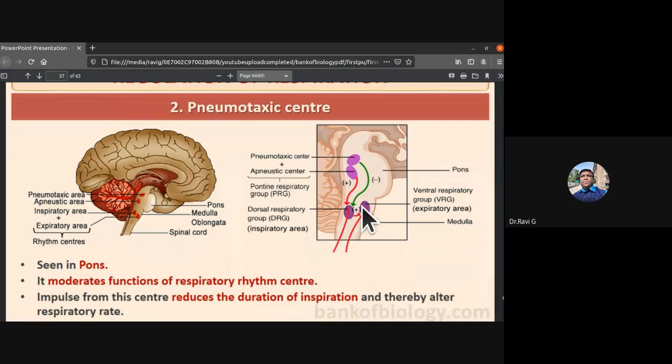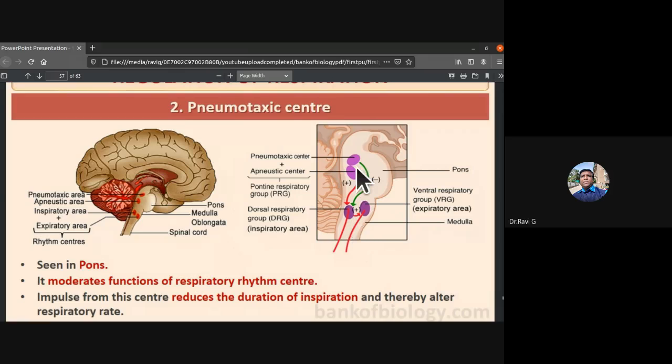Impulses from the pneumotaxic center reduce the duration of inspiration and thereby alter the respiratory rate. So the pneumotaxic center moderates the breathing rhythm center.